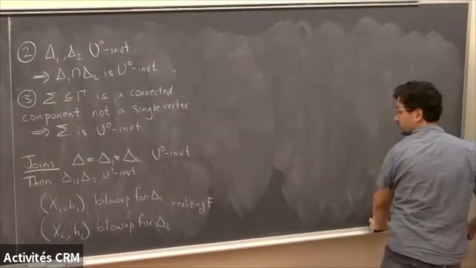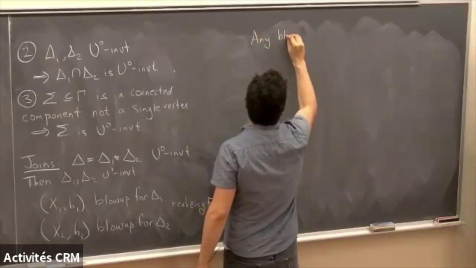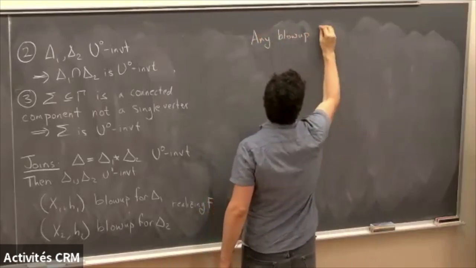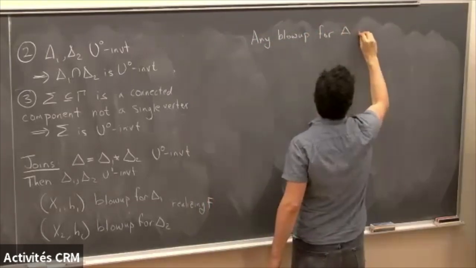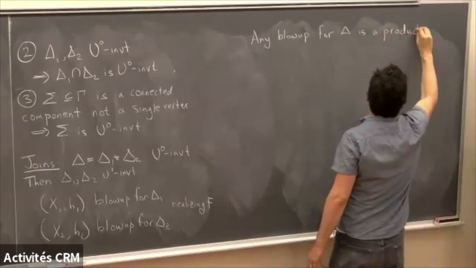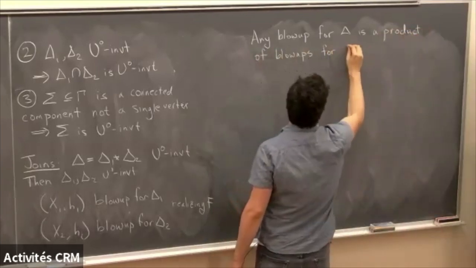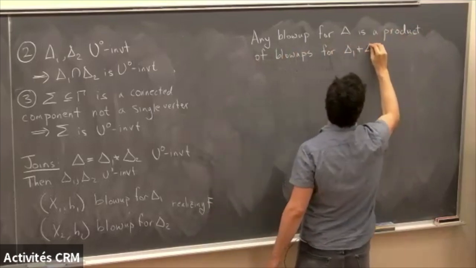Or maybe not. So any blowup for delta is a product of blowups for delta 1 and delta 2.